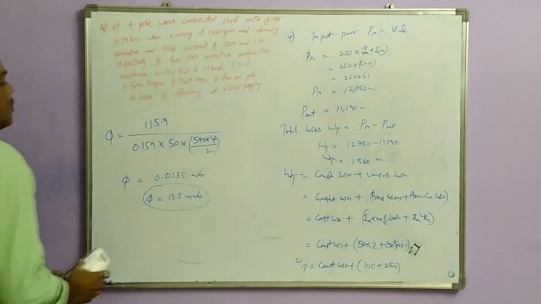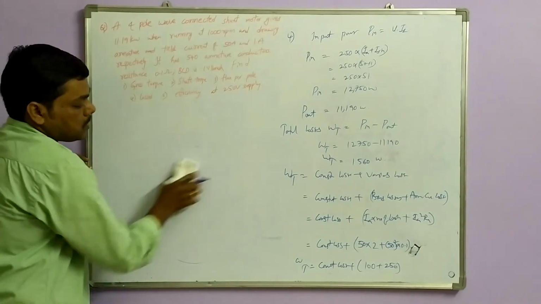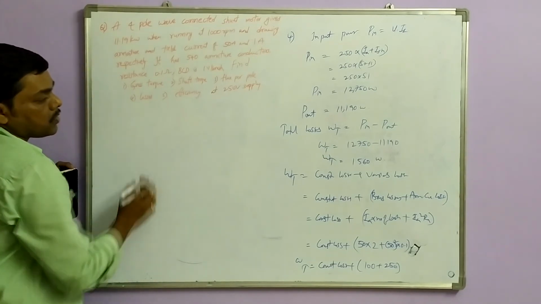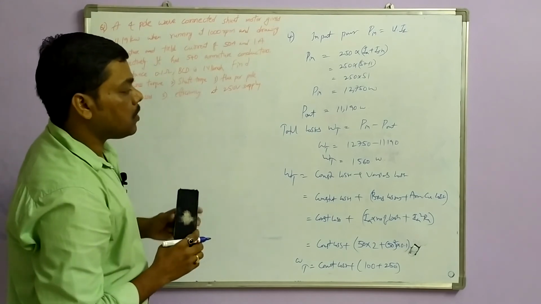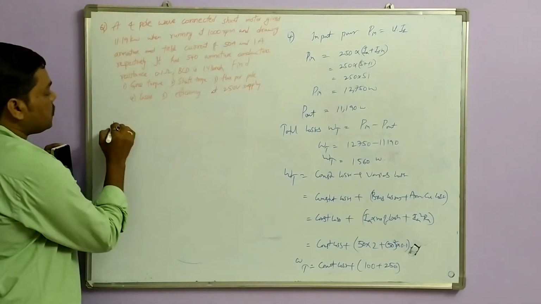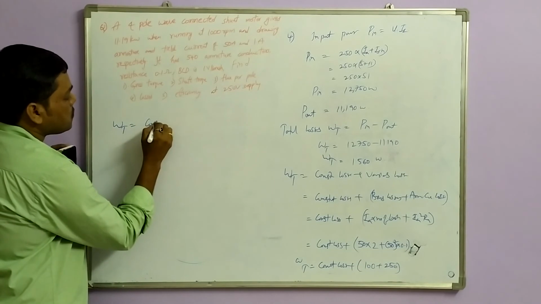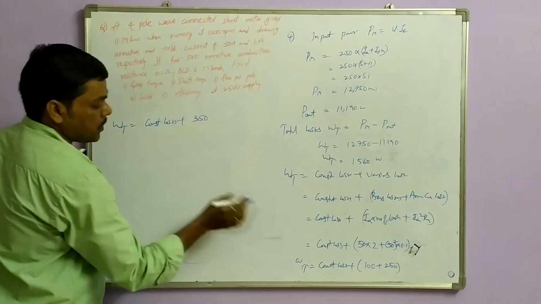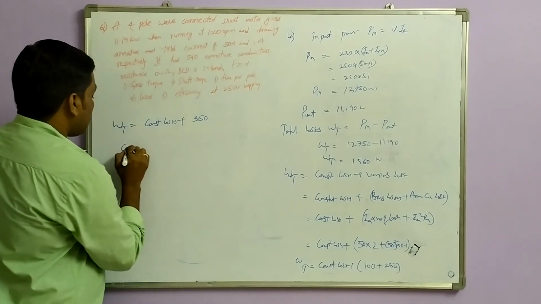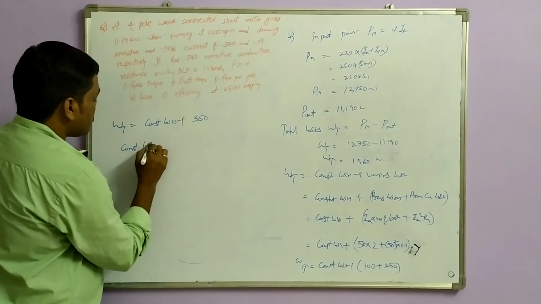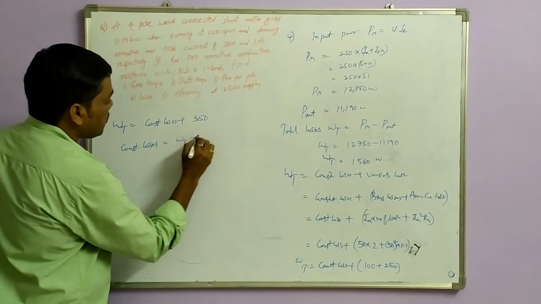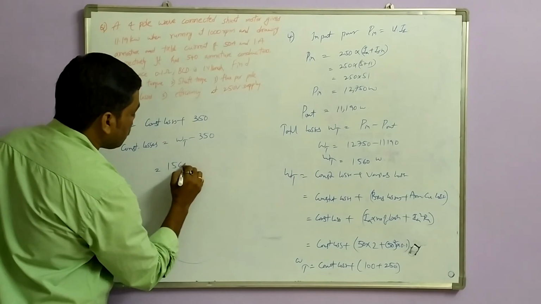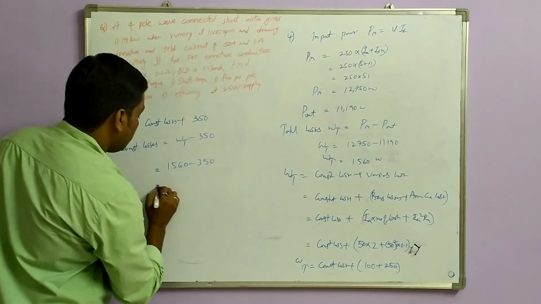Now what are the constant losses from this? If we calculate the value of total losses, constant losses plus 350. Now constant losses is equal to Wt minus 350, so Wt is 1560 minus 350.